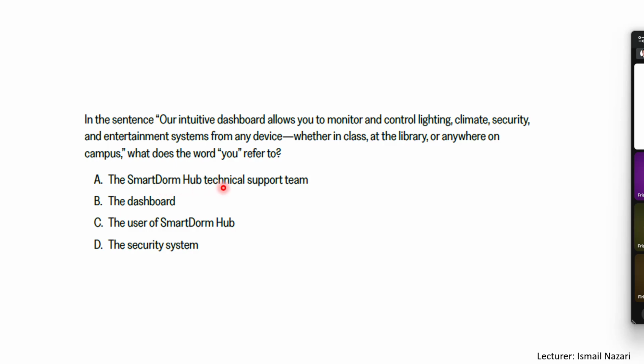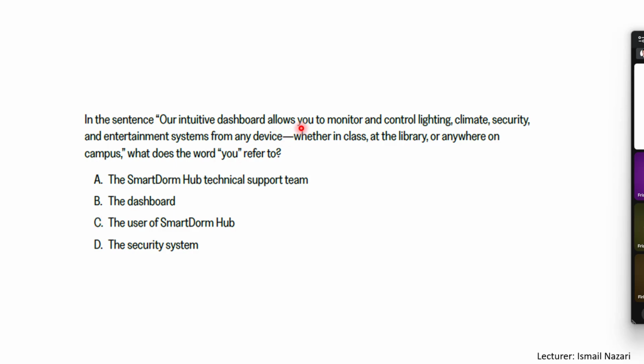So the Smart Dorm app technical support team, no, it's not. The dashboard, no, it's not getting us to the dashboard here. The users of Smart Dorm app, it gives an introduction to what the Smart Dorm app is to the users to encourage them. So C is the correct answer.